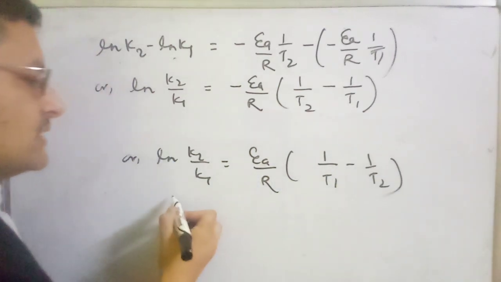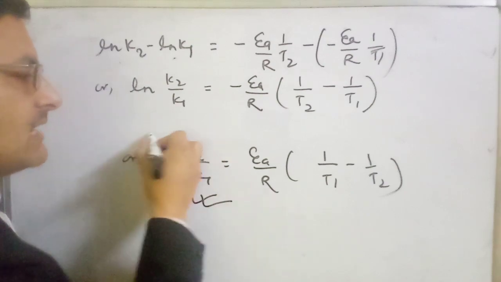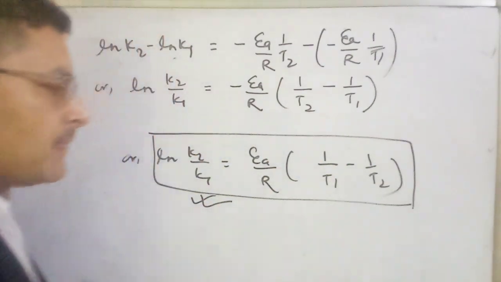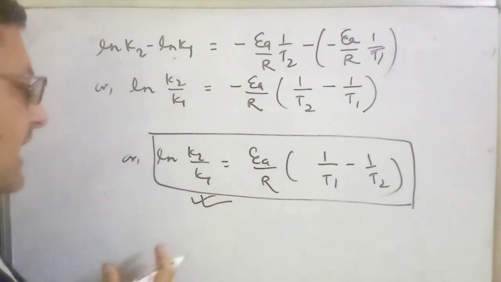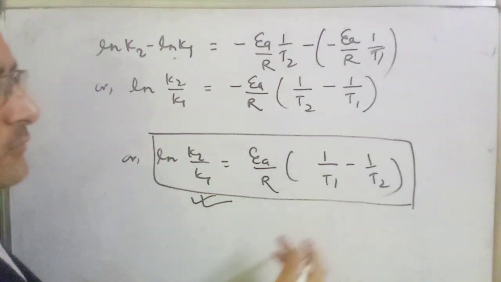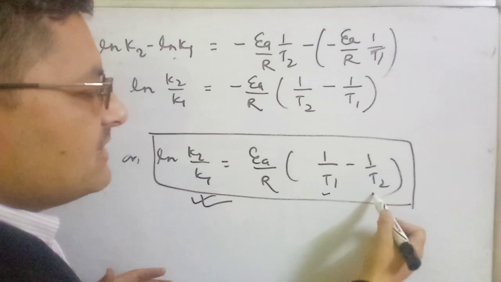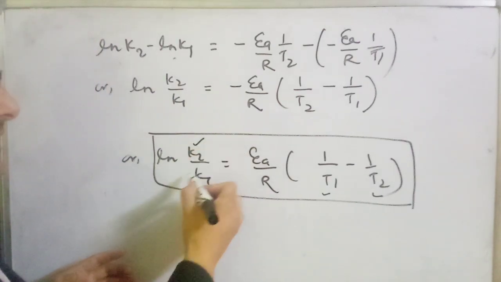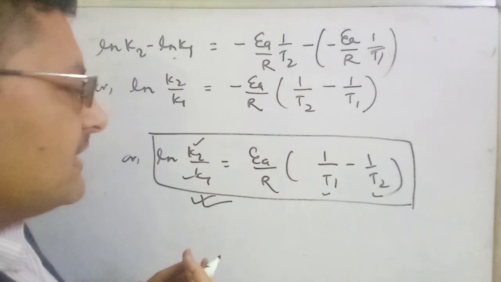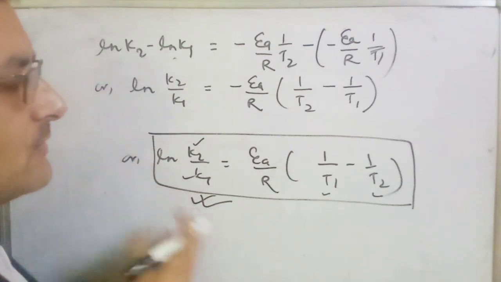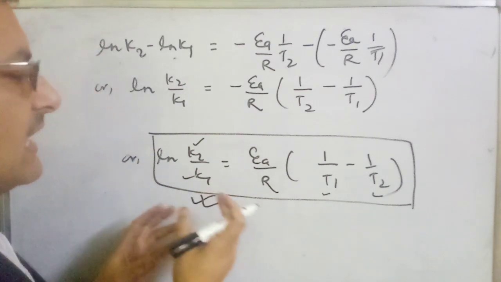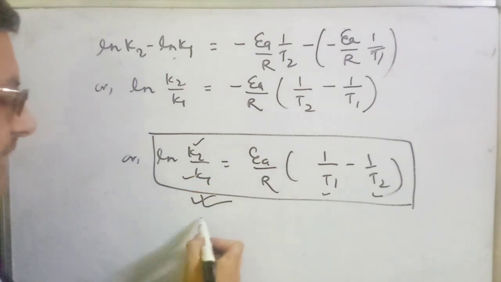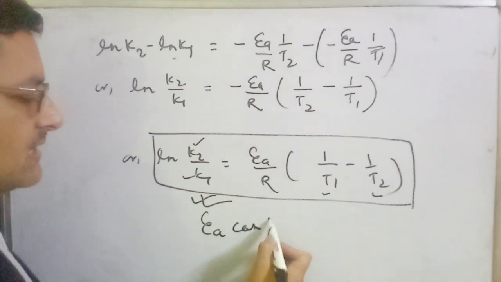This is the final equation from which we can easily obtain energy of activation, provided the universal gas constant. You will be provided temperatures T1 and T2, and the K2 and K1 values, two rate constant values. So if you put the K1 and K2 values and T1 and T2 values, and the universal gas constant R as a constant, then you can get energy of activation. So energy of activation can be calculated.